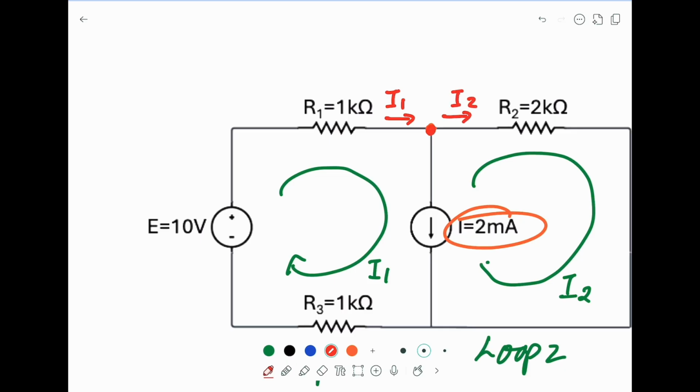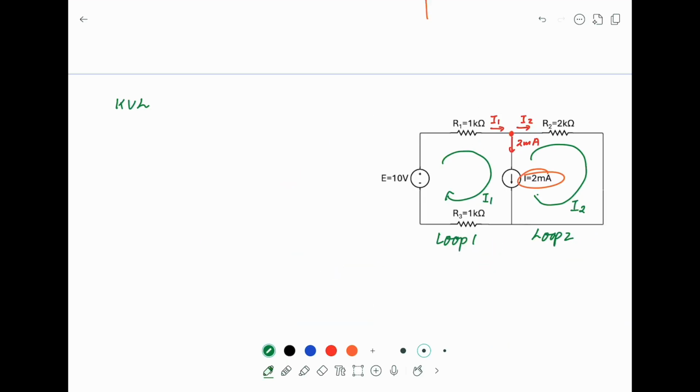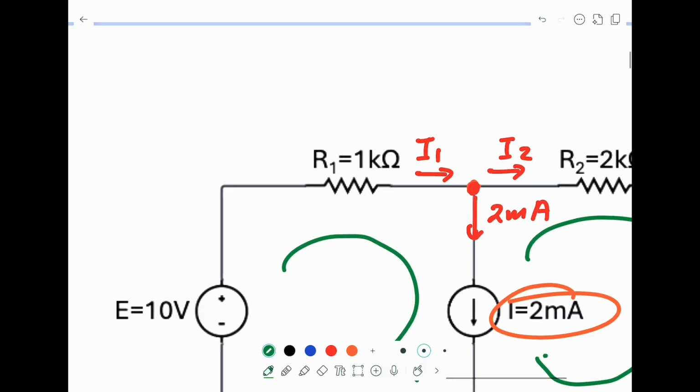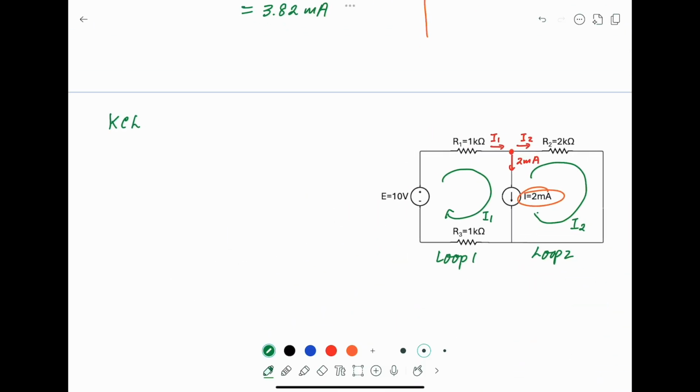This is I2, and this is our 2 milliamp. Before KVL, we apply KCL at this loop, and the current going in, I1, must equal the current going out, I2 plus 2 milliamp. So this is our basic equation here.